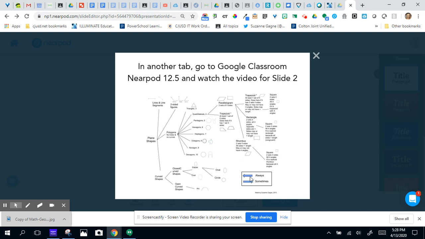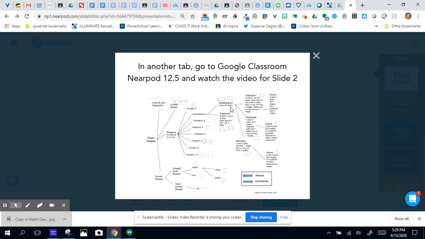Now, remember the arrows. If you go forward, it's sometimes true. If you go backwards, it's always true. And let me explain that better. If you have a square and you follow the line backwards to rectangle, you can say a square is always a rectangle. That's true. It's a type of rectangle.